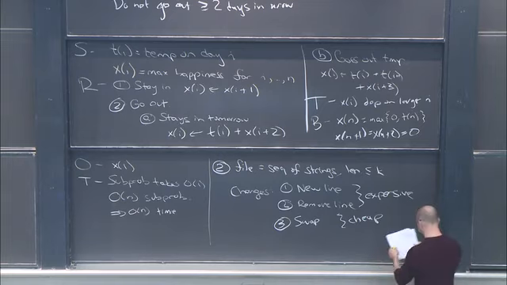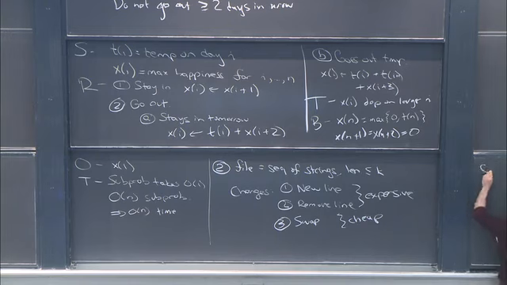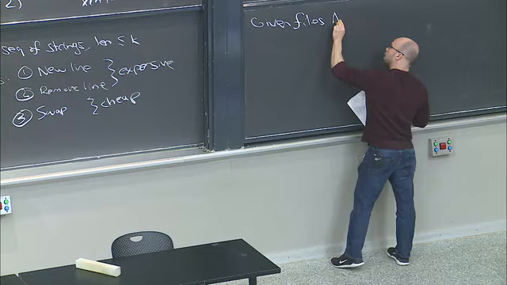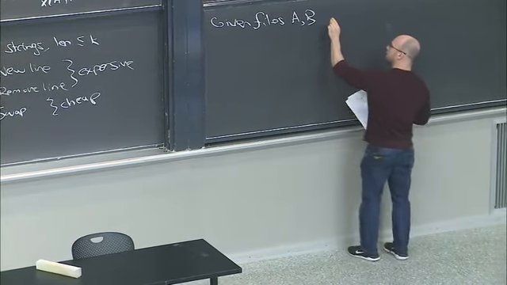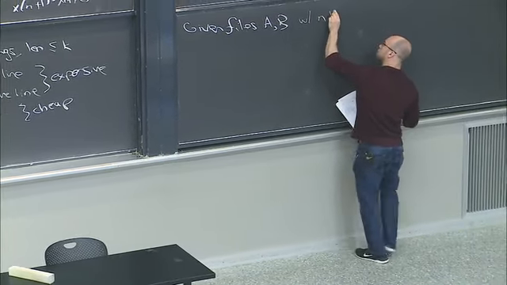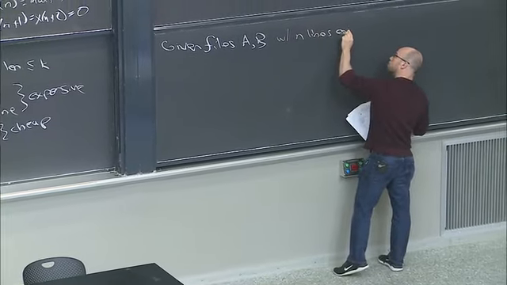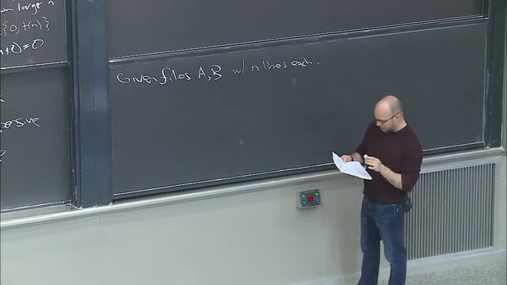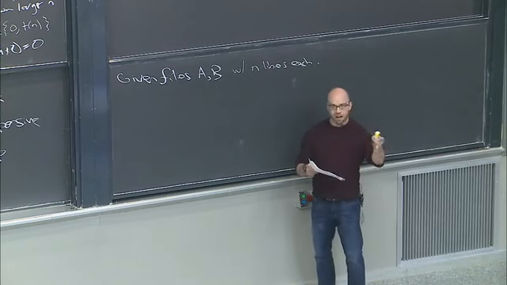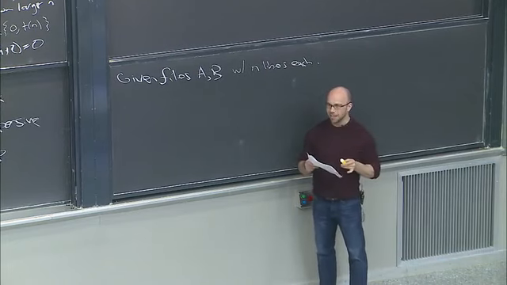The question the problem is trying to ask is that you are given files A and B with n lines each. You want to know the minimum number of non-swap operations it'll take.